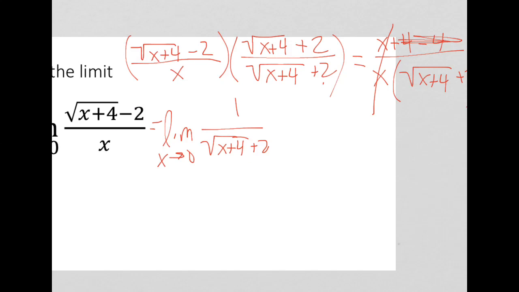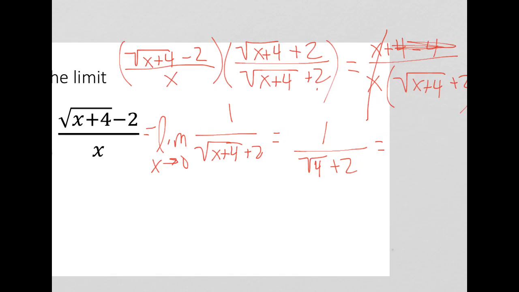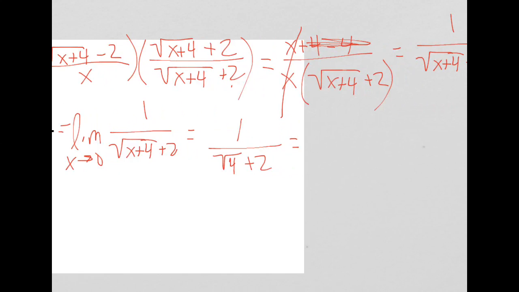So I'm going to rewrite my limit problem, and now I can directly substitute in to get 1 over, notice since x is going to 0, that term is just going to be 0, so I'm going to get the square root of 4 plus 2. Well, the square root of 4 is 2, so I'm going to get 1 over 4. The limit of that function is 1/4.